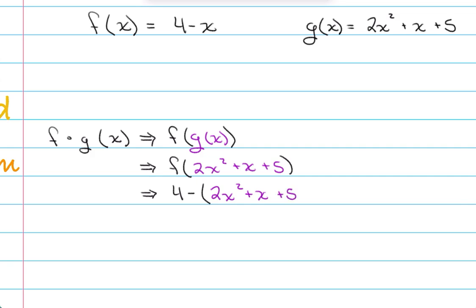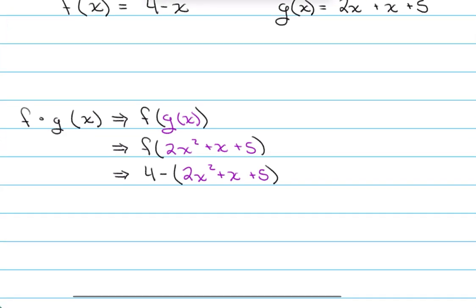Instead of 4 minus x, I wrote 4 minus, and then this is my new x. Then we just have to do the cleanup. We notice that this is a minus sign right here, so I'm going to rewrite that 1 to help us visualize, and I'm going to distribute a negative 1 to every term in my parentheses like we've done in simplifying problems.